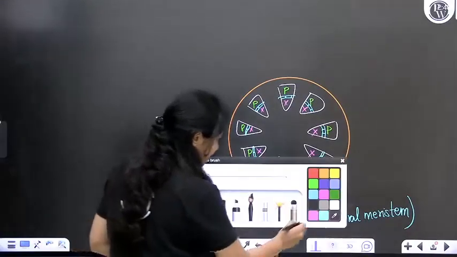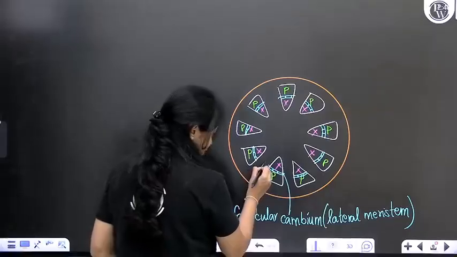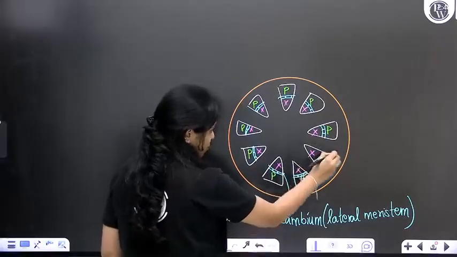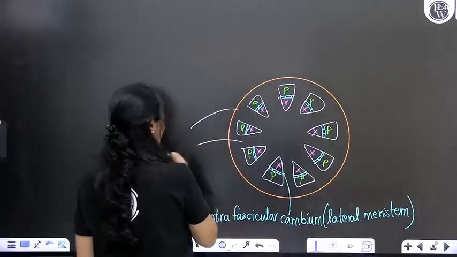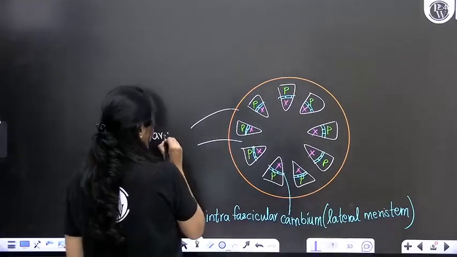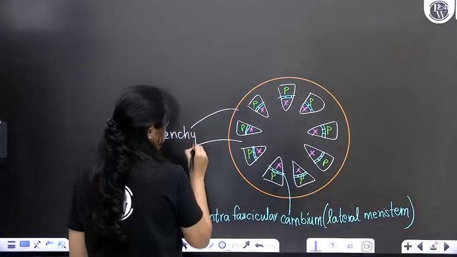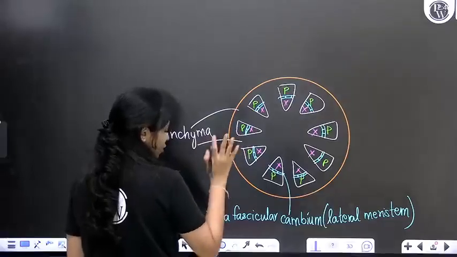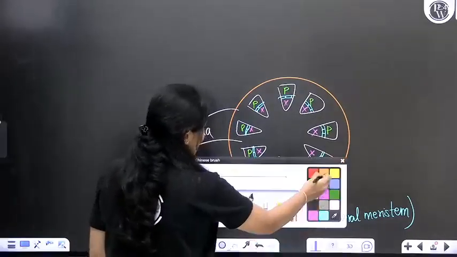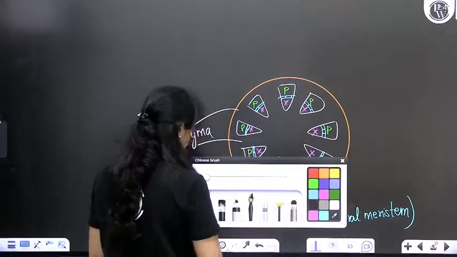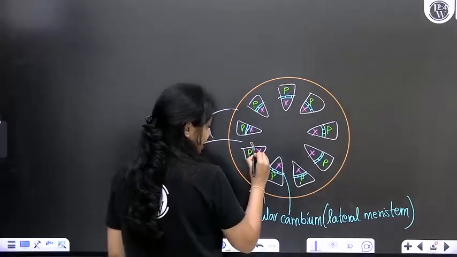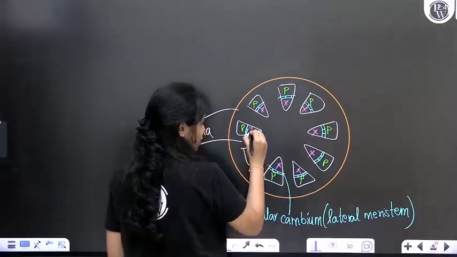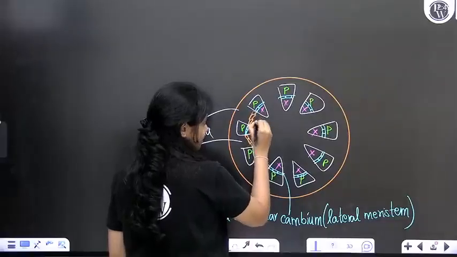Now in between the vascular bundles, you will have parenchymatous tissue. This is already differentiated and cannot undergo cell division. But in the same line as our cambium, some parenchymatous tissue here will regain the ability to undergo cell division and become meristematic again.